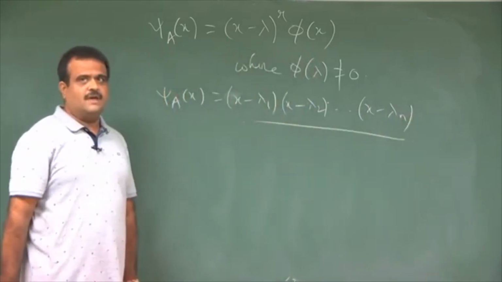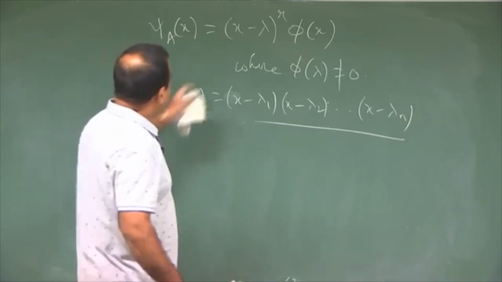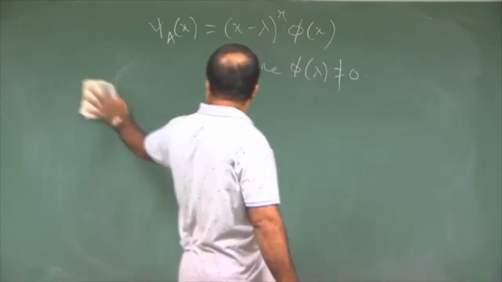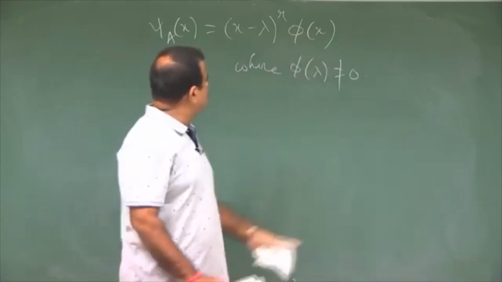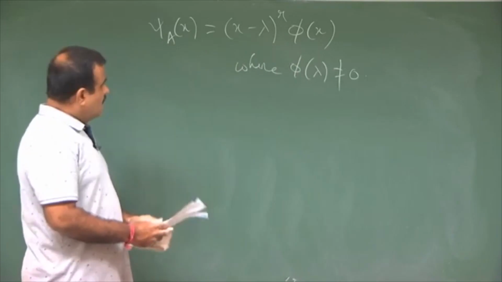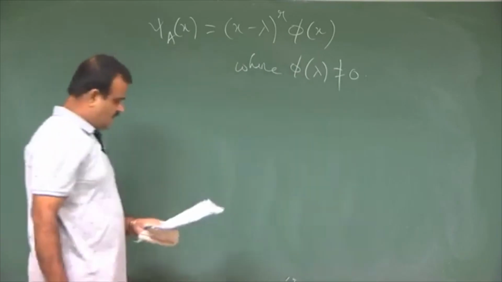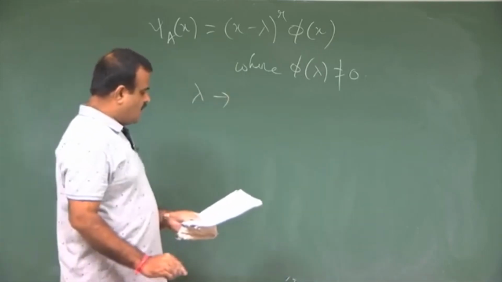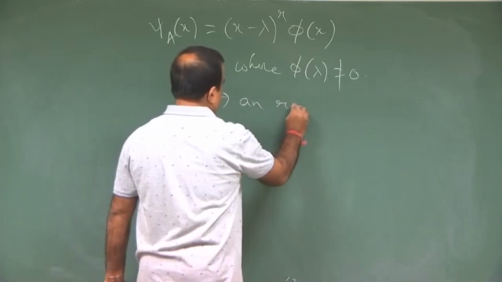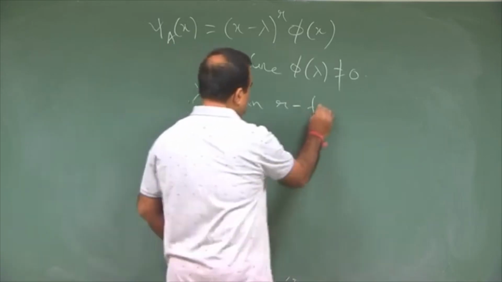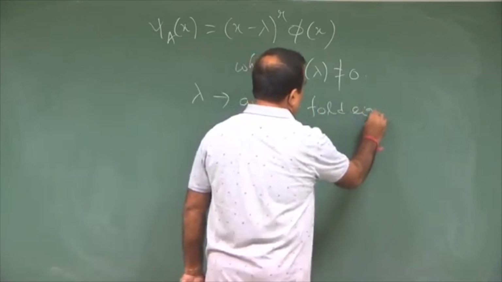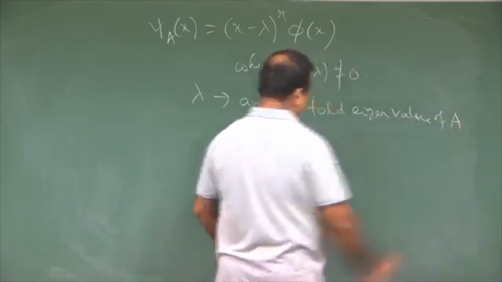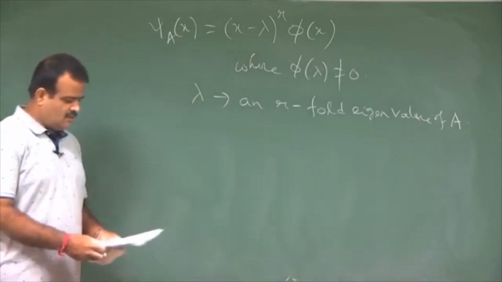Now if lambda is a root which is coming r times and no more times, then lambda is an r fold eigenvalue of A. This is called an eigenvalue of multiplicity r, or r fold eigenvalue of A. Any root of this is called an eigenvalue.